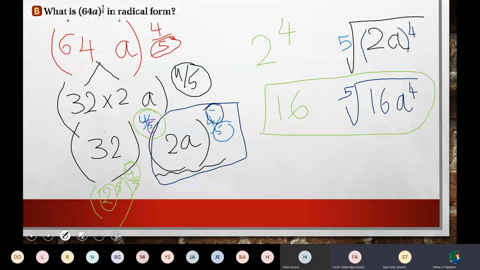Repeat your question, please. Teacher, what is here, wrote up 2 to the power 4 with 5? Okay, now keep it as it is. So the answer is 16.